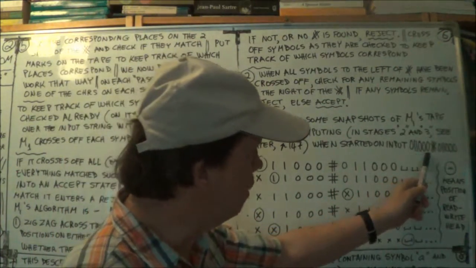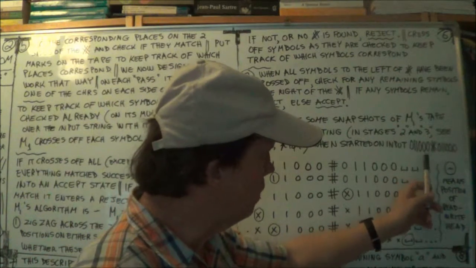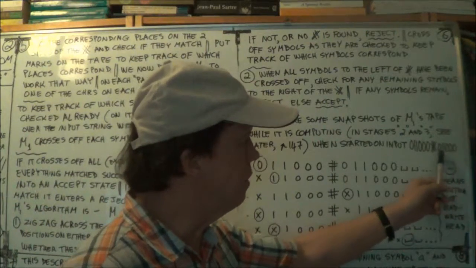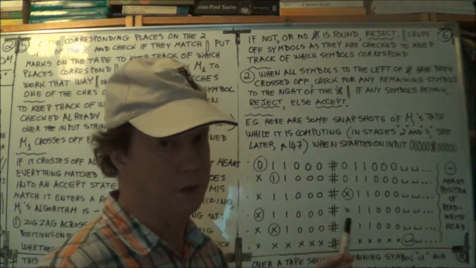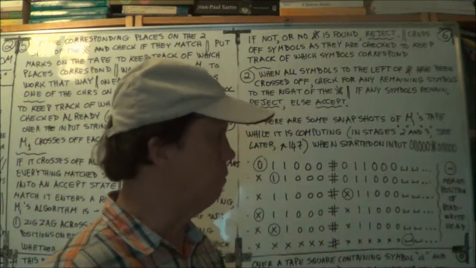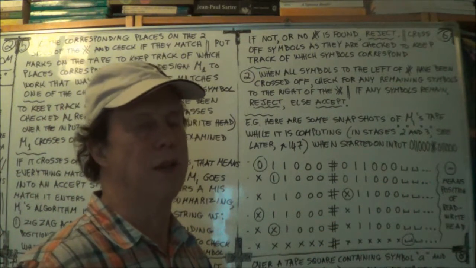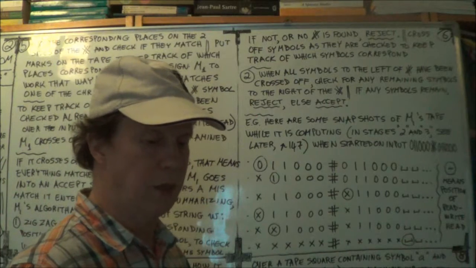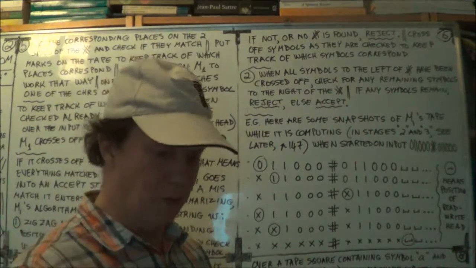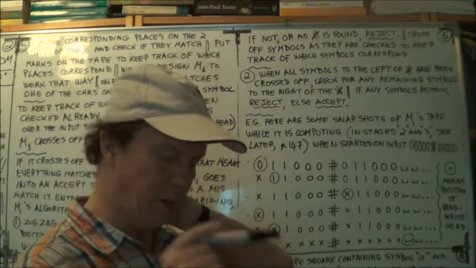Okay. Now you know what the task is. We've got to show that this W here, the substring to the left of the hash, is equal to the substring to the right of the hash. We have to show this left substring and this right substring are the same. So how do you do that with a Turing machine with its capabilities? Let me summarize a bit.